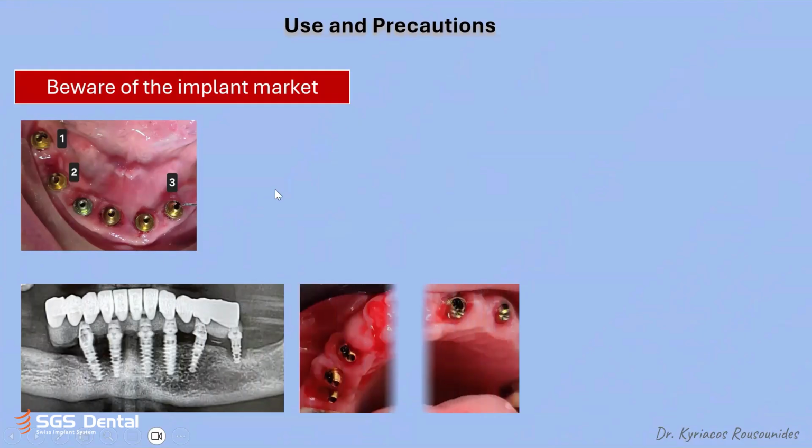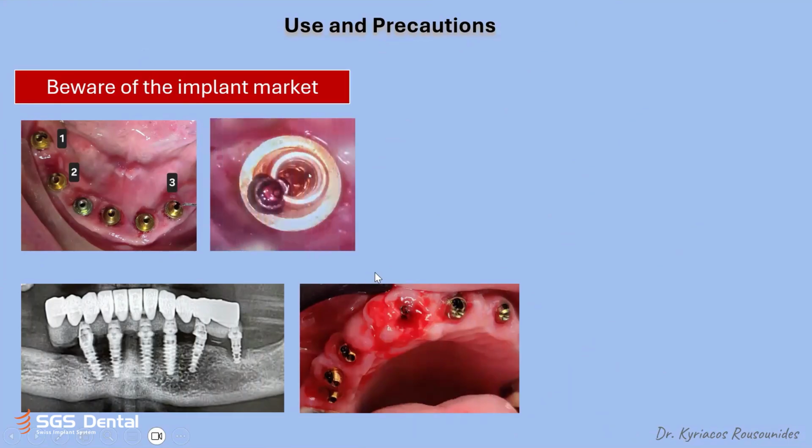Why? We have here again other cases with the same, and the reason why is this part here. This small round area, less than some millimeters, is this thread. If it's not closed, it causes micro movements, micro vibrations on the implant, and these micro vibrations cause the bone loss.